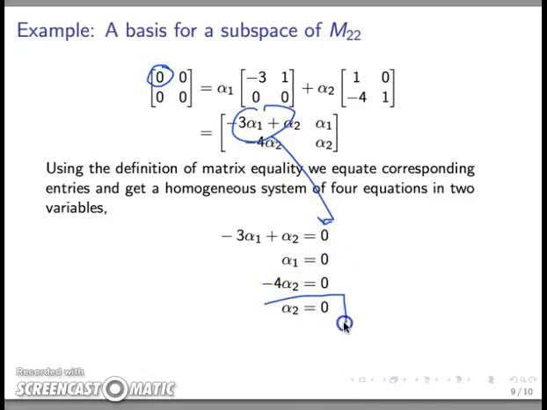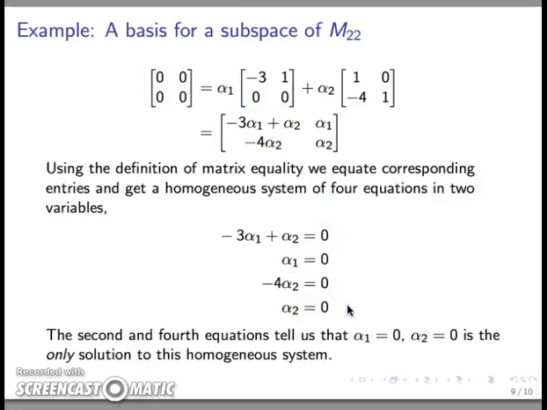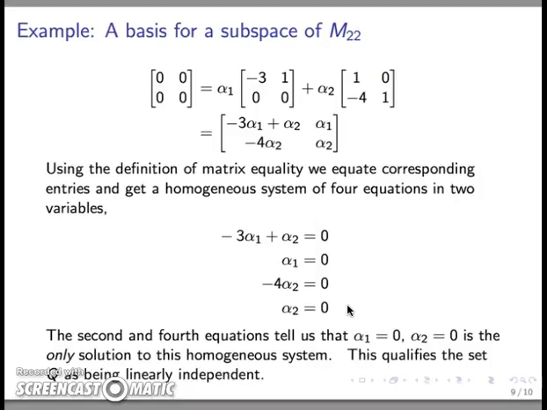But we observe that alpha 1 and alpha 2 are 0, and then this system of equations is consistent with having the trivial solution, which implies that this is in fact the only solution of this homogeneous system, and that implies linear independence.